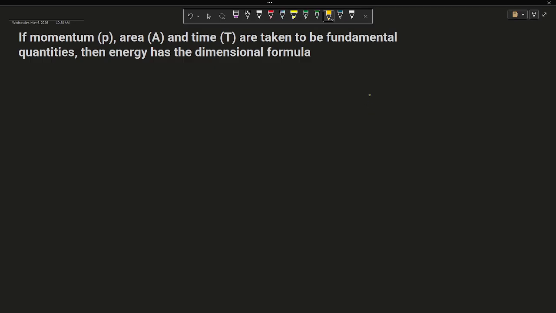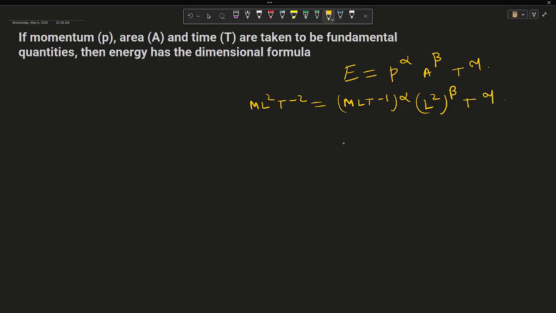So energy equals momentum to the power alpha, area to the power beta, and T to the power gamma. Energy has the dimension ml square T to the power minus 2. Momentum means mass into velocity, so it will be alpha, and area is L square, so it will be L square, and T to the power gamma. Now make both sides equal dimensionally.